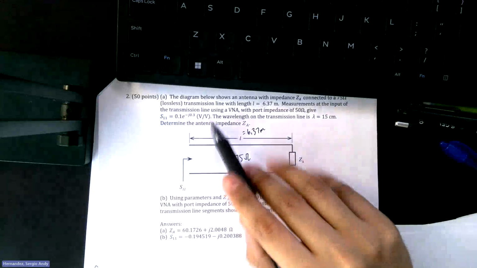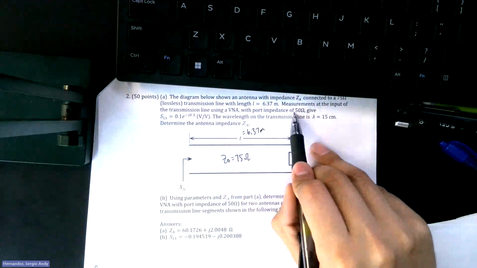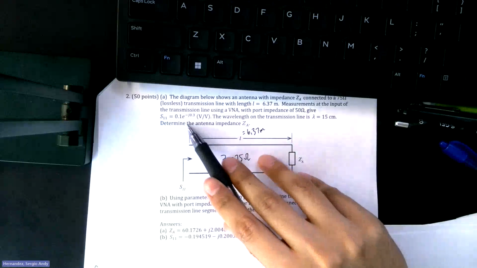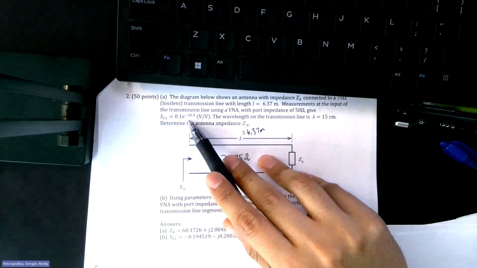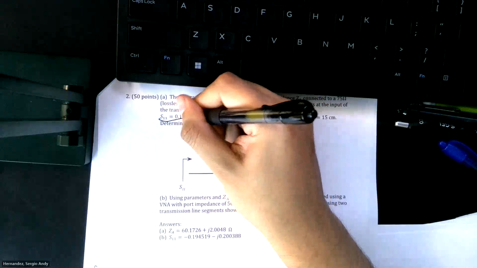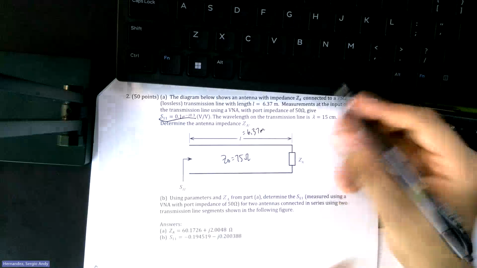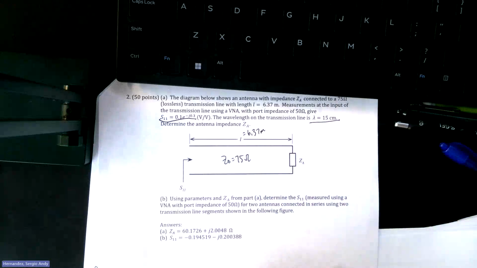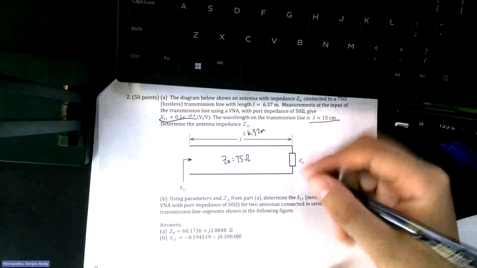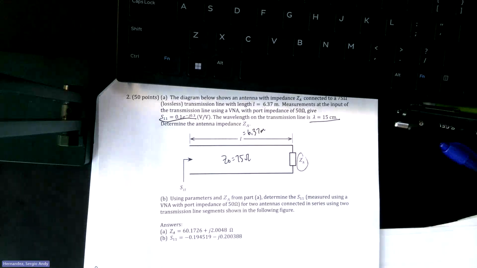Measurements at the input of the transmission line using a VNA with a port impedance of 50 ohms give 0.1 e to the j 0.3. The wavelength of the transmission line is 15 centimeters. Determine ZA. That's what we're looking for.